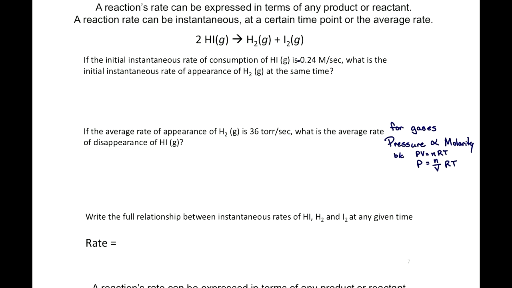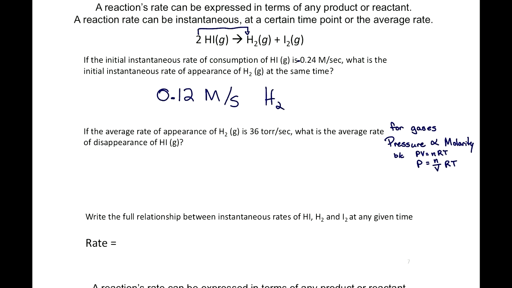What is the rate of appearance of H2 at the same time? So note the stoichiometry. If it's 0.24 for HI, it's going to be what for H2 gas? 0.12 molarity per second for H2. Perfect. Because it's a 1-to-2 ratio.